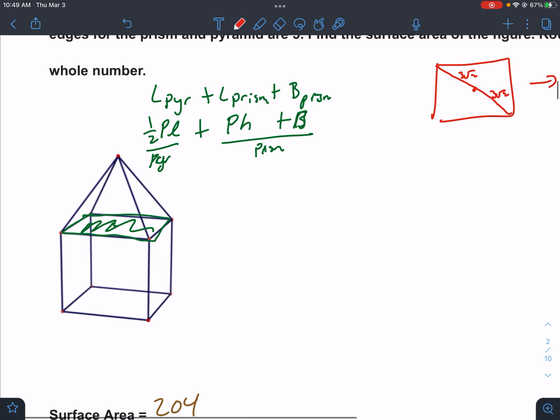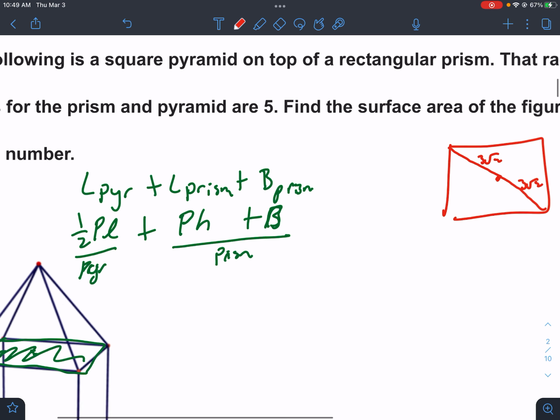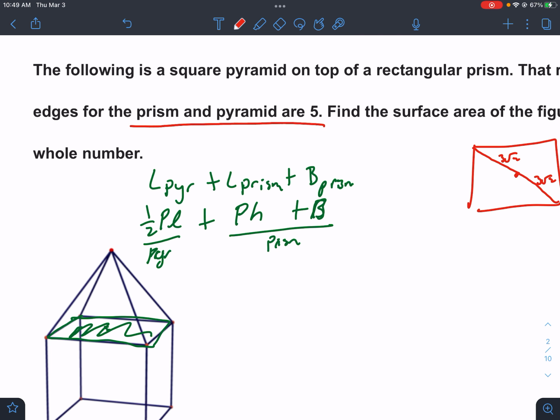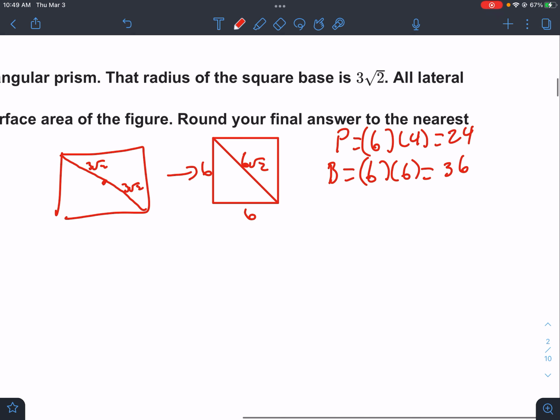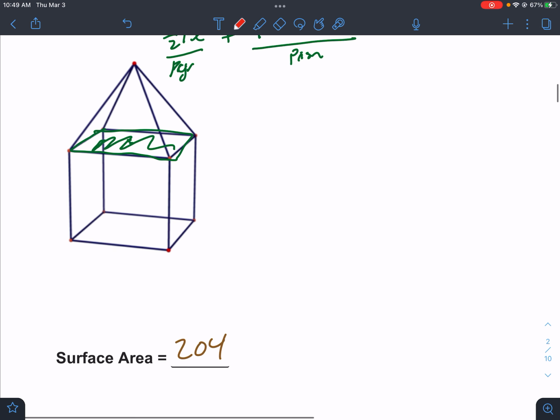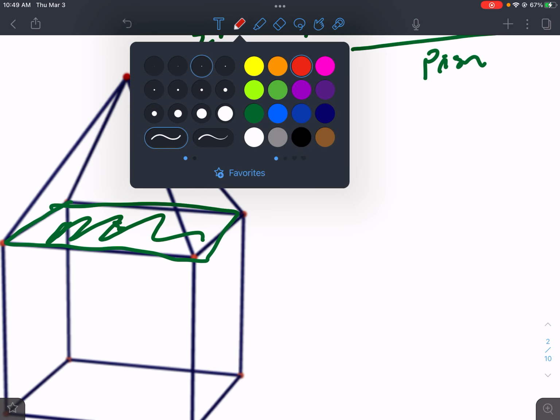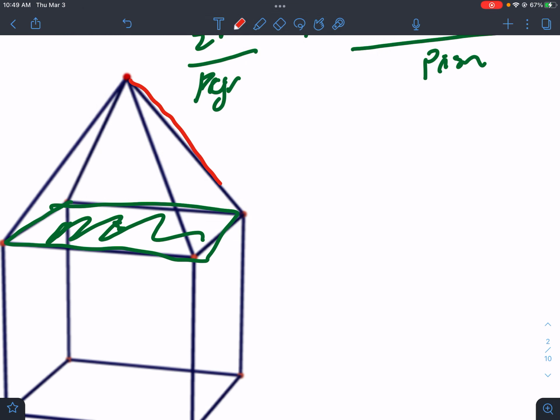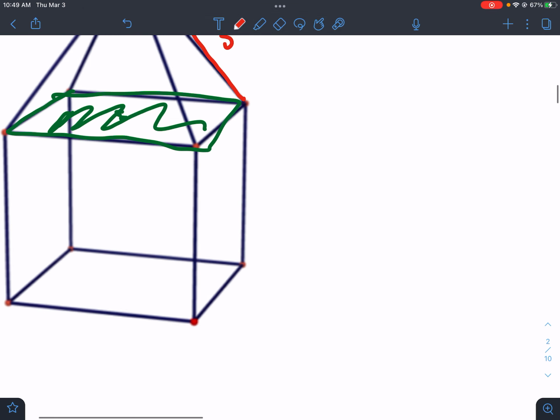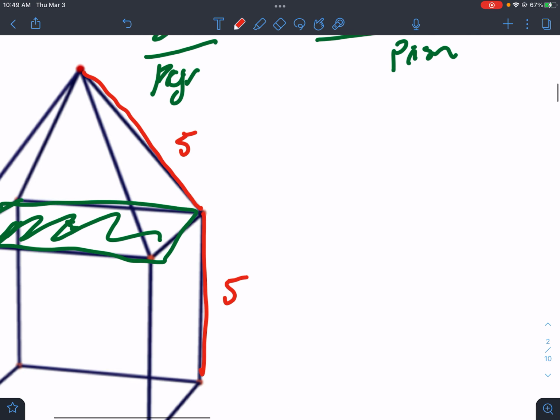All right. Then we go back over here. It tells us that the lateral edges are 5. Every lateral edge is 5, prism and pyramid. Lateral edges are 5. So this is going to be 5. And all of the rest of those will be 5. And this is going to be 5. This is where it's tough.